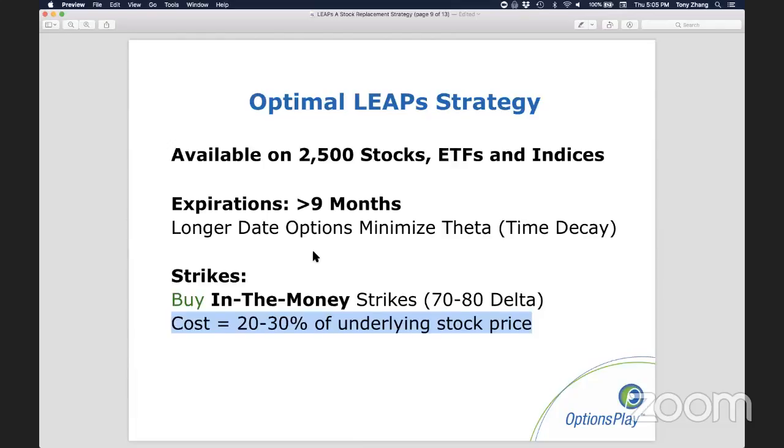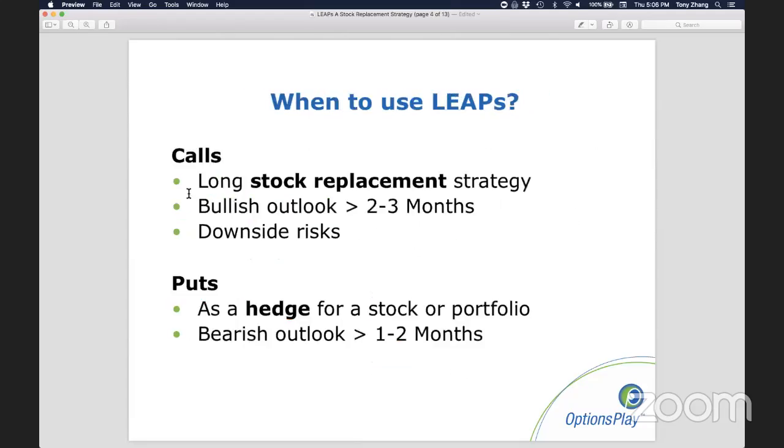Like I said in the first slide, this is really why I wanted to address when to use leap options. You should use leap options as a stock replacement strategy when you see some downside risks. Even though you want to maintain upside exposure, you're concerned that the stock may pull back substantially.